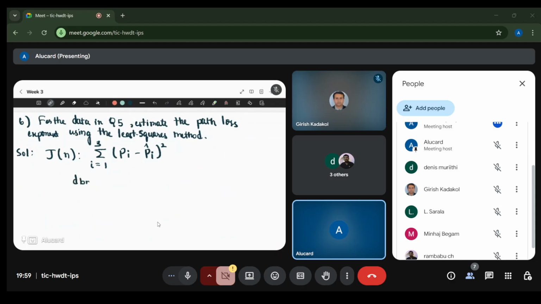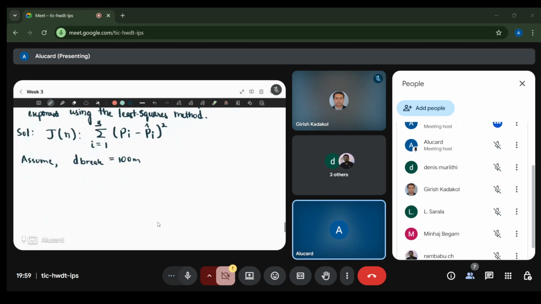D break is 100. So we already found Pi hat of D. It was minus 10 n log of D over 100.